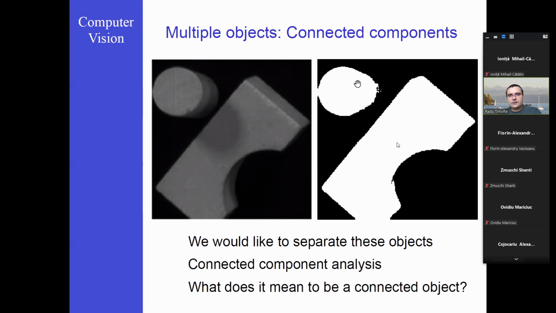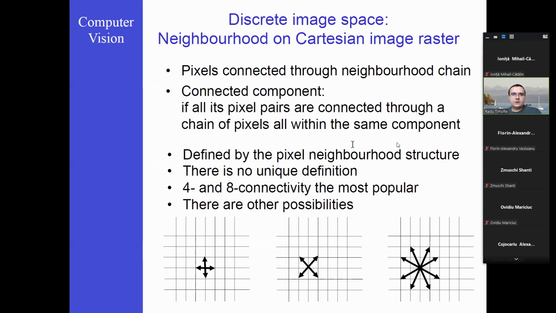And then we can just do an analysis of the connected components, so of the connected pixels in the foreground and connected pixels in the background. What it means to be connected is that between any two pixels that belong to a component, there is a path or a chain of neighbor relations between all the pixels along that path.